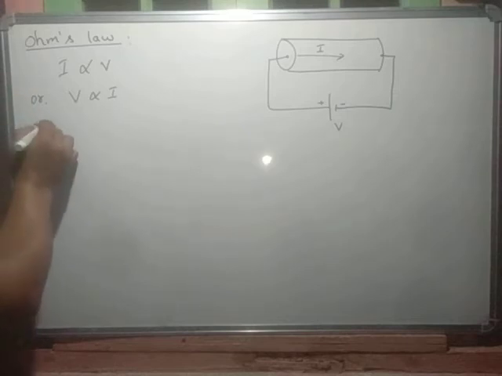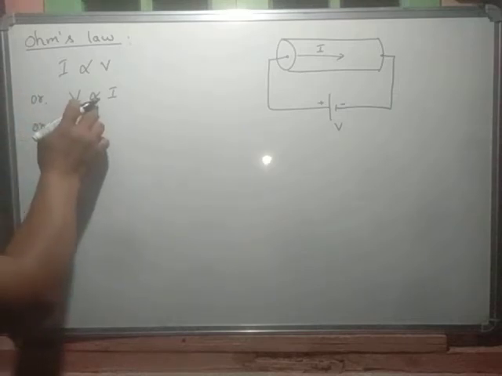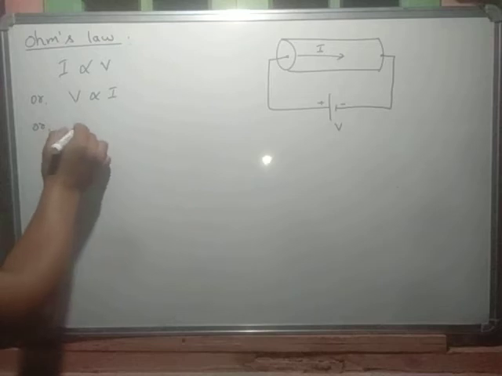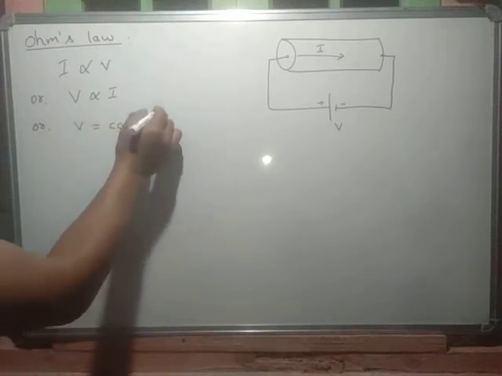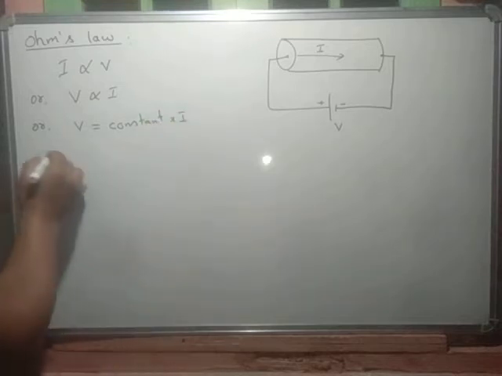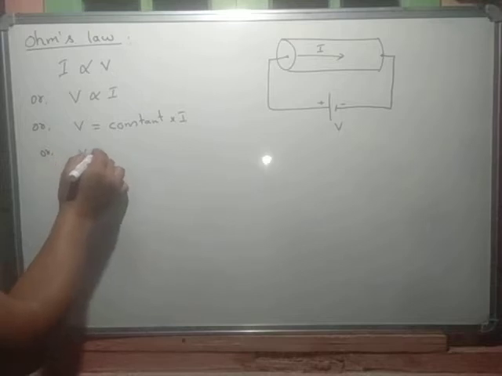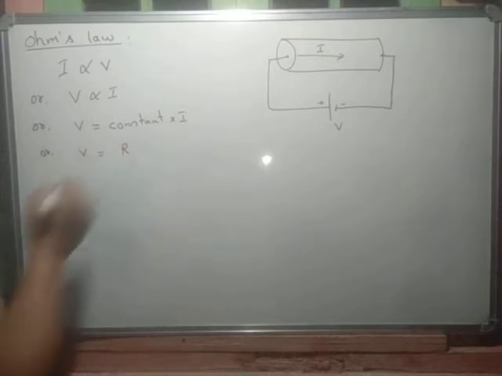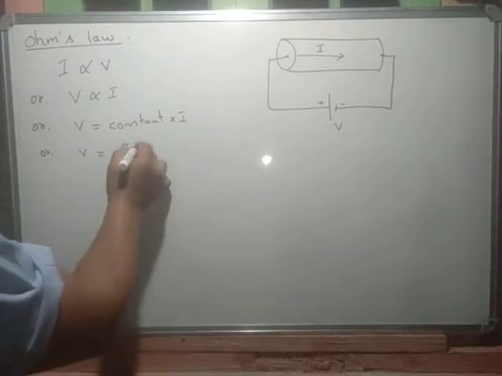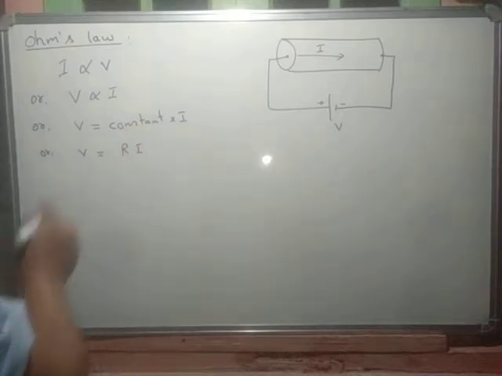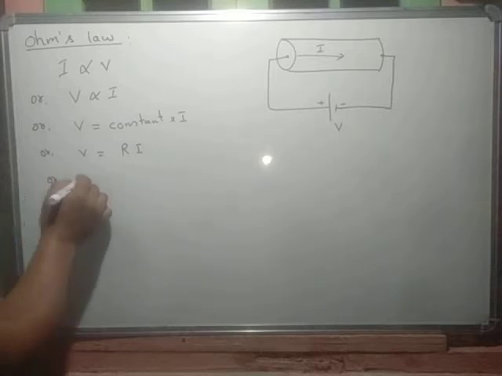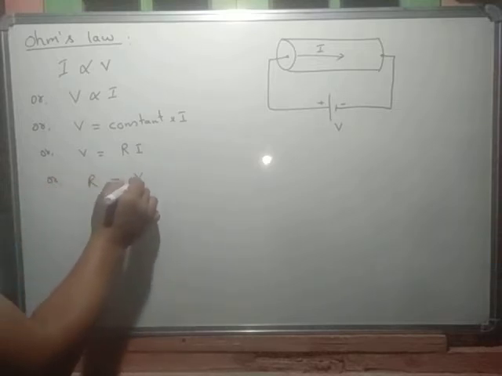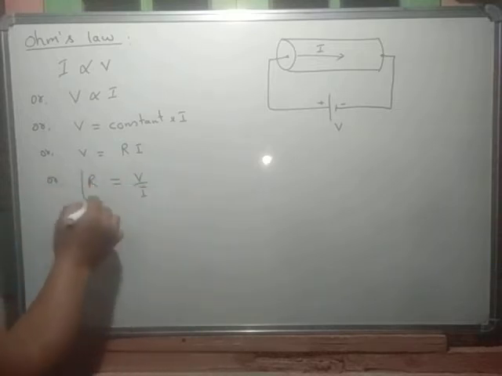Or, if you remove this proportionality sign, then you have to write some constant times I. And the constant that George Simon Ohm represents with the letter R. So instead of constant we write R times I. So this R is equal to V by I, right?